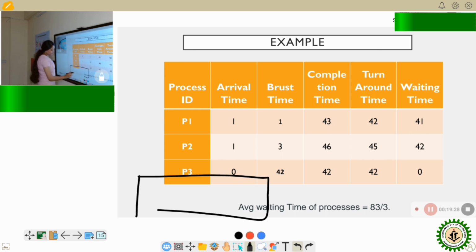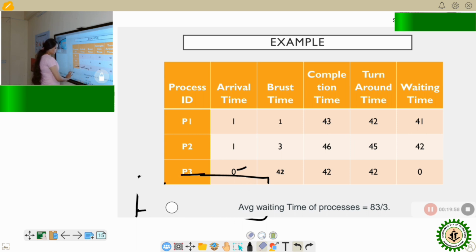I am drawing the Gantt chart for this. First, which process arrives first? That is P3, we can see that. So we are going to execute P3 first.